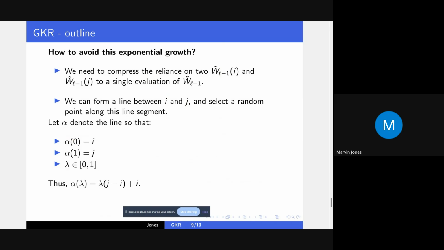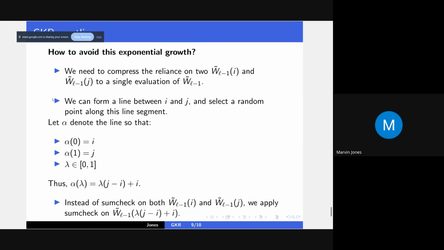And then instead of applying sumcheck to W L minus 1 I and W L minus 1 J, we just apply sumcheck to this particular polynomial, to this evaluation. And that's how we avoid doing both. That fixes the issue.